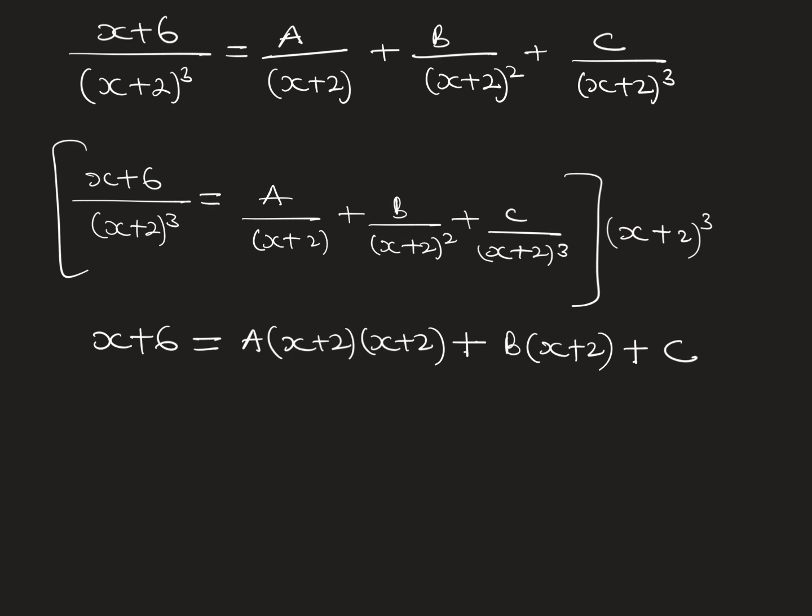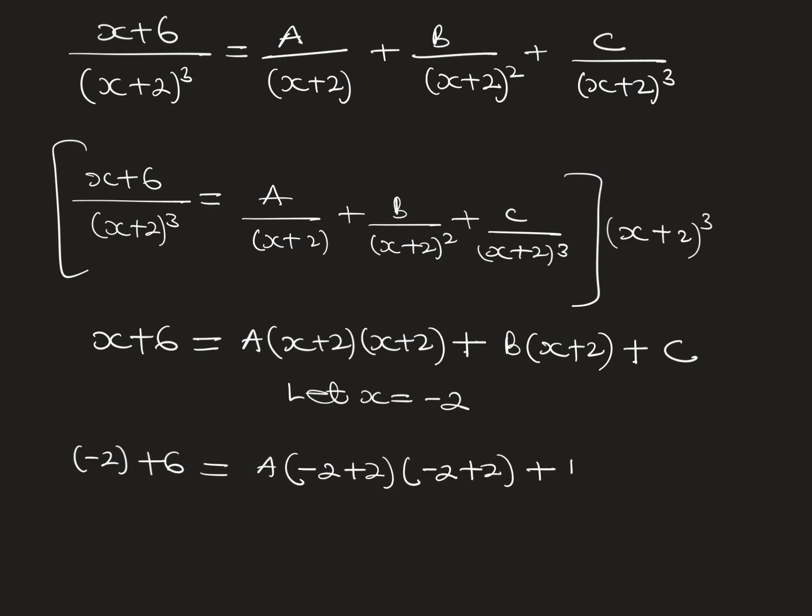So let's start by saying let x is equal to minus 2. In that case, we'll have minus 2 plus 6 is equal to a into minus 2 plus 2 into minus 2 plus 2, plus b into minus 2 plus 2, plus c.